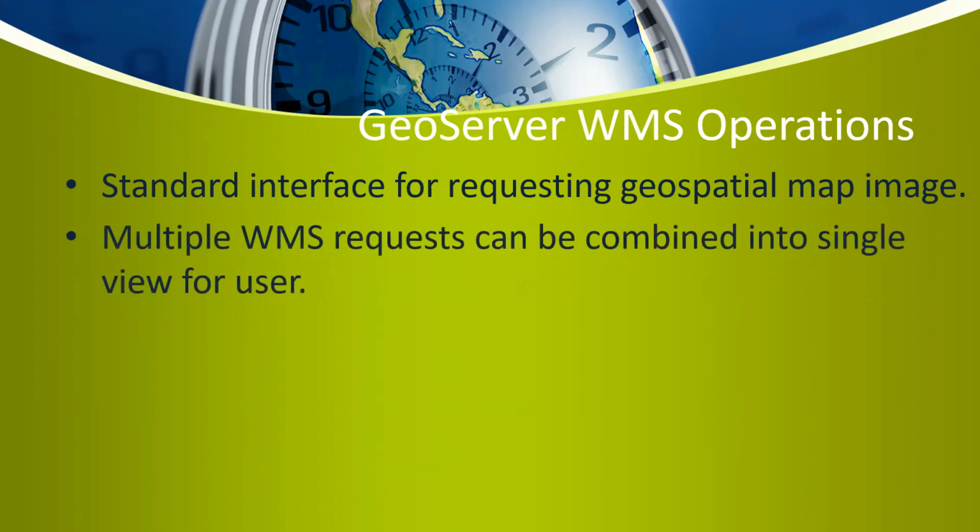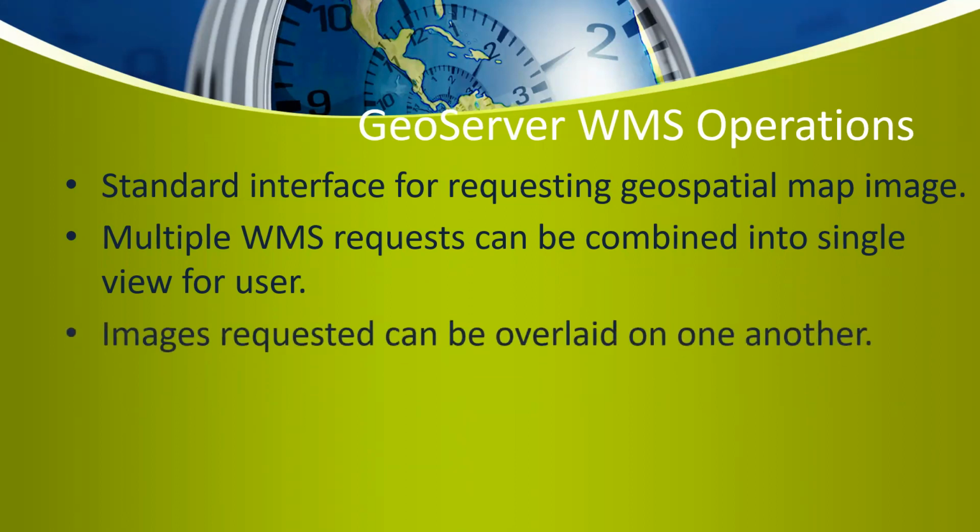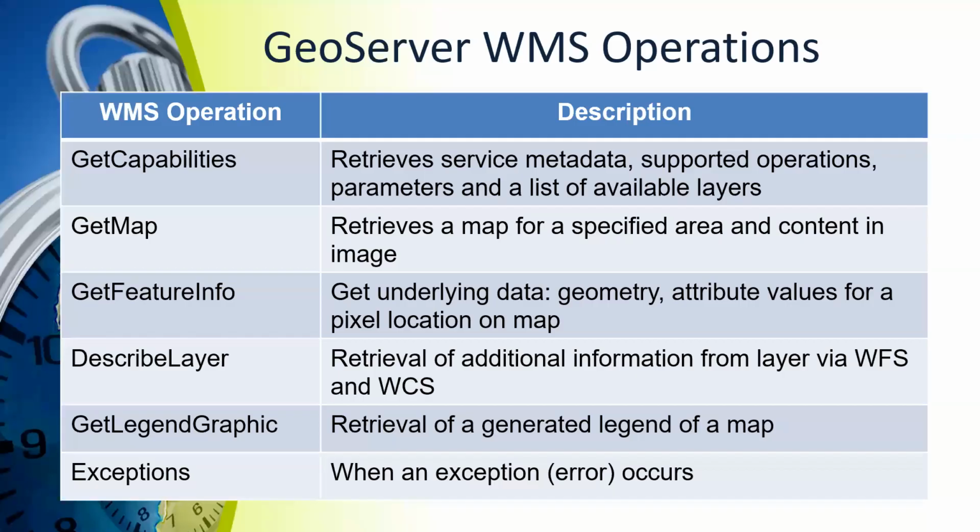We can also do multiple requests. You can request different layers, for example, and get an output for those multiple layers. That is something you can also do with WMS operations. And the images requested can be overlaid on top of one another. That is also something else with the web map service.